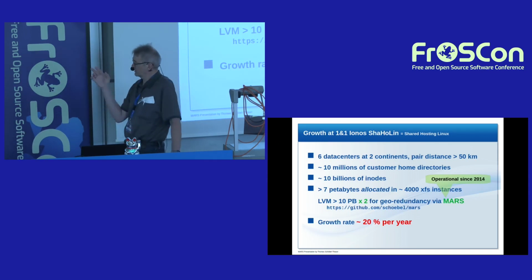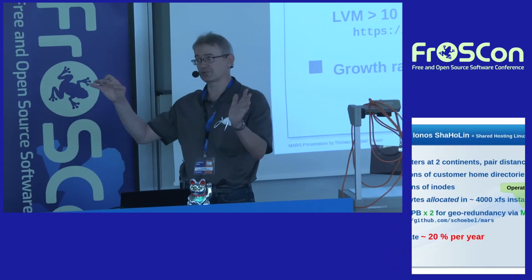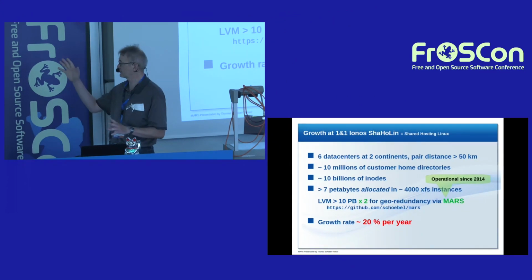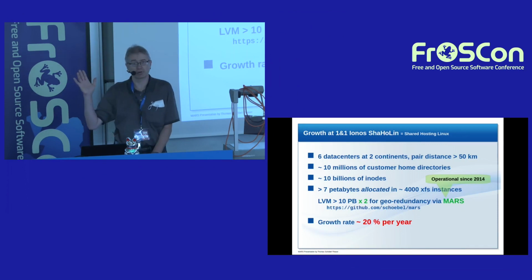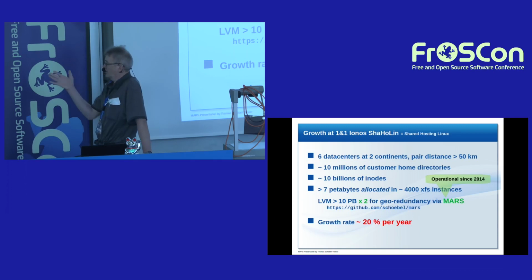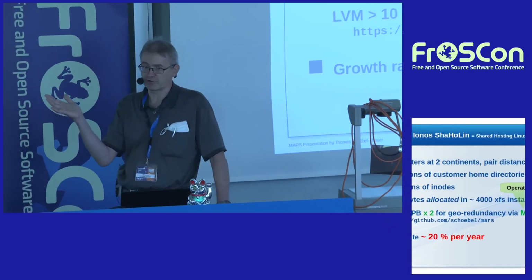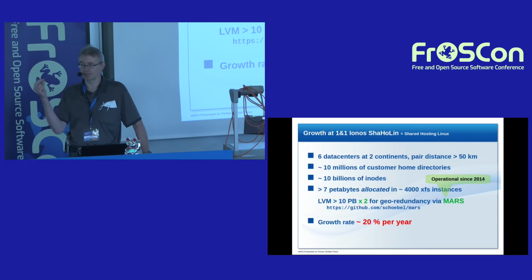Then the number of allocated space is not the same as the amount of space in the file systems, where the whole file system needs to be replicated. The one is 7 petabytes in total, the other one is 10. The number of XFS instances is also probably a number you will be interested in as a sysadmin. And an important number is also the growth rate in terms of allocation.